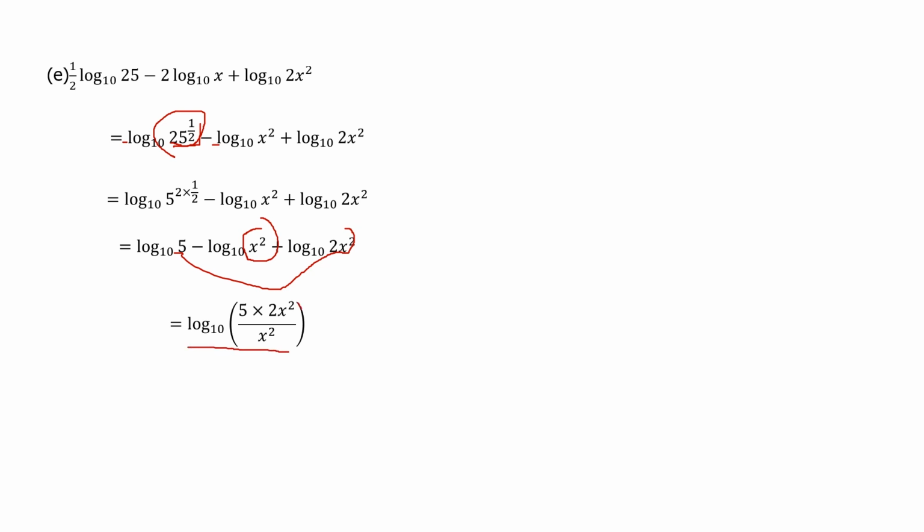Then we are going to see what we have as the result. First of all, the x squared will cancel with the x squared, leaving 5 to multiply the 2, and in the multiplication there we shall be having a 10, and we said that log of any number to base the same number becomes a 1.